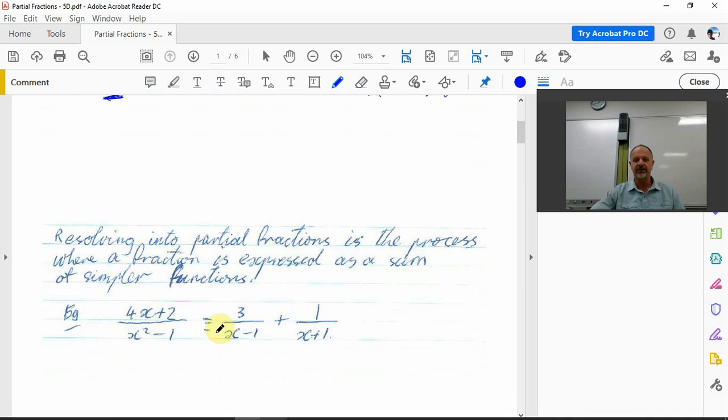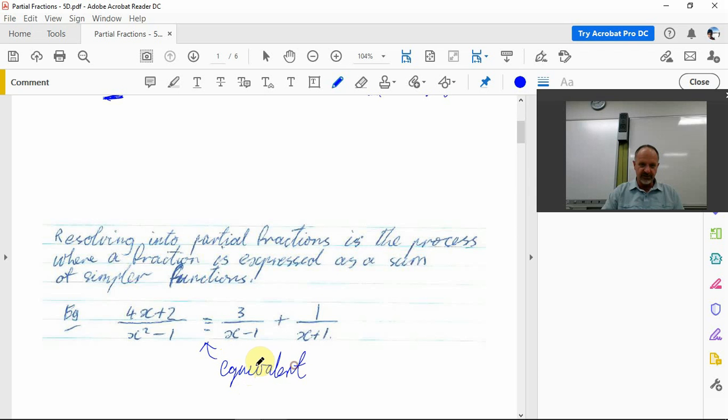And here's an example. This one's already been done for you. So 4x plus 2 over x squared minus 1 is equivalent to 3 over x minus 1 plus 1 over x plus 1. And so these three lines here mean equivalent to.